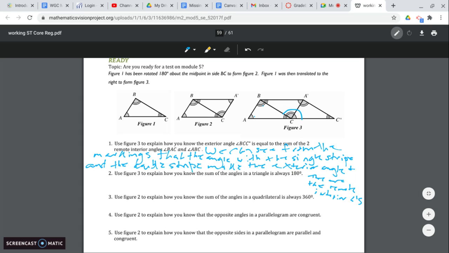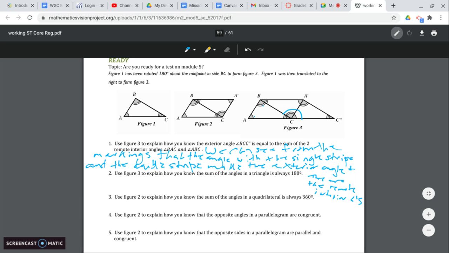I know that's kind of hard to read, but it says we can see from the markings that the angle with the single stripe and the double stripe make the exterior angle and the remote interior angle. So we can see that. Double stripe here, double stripe, single stripe. These two angles are the same angles that are right here forming this exterior angle that it's asking about.